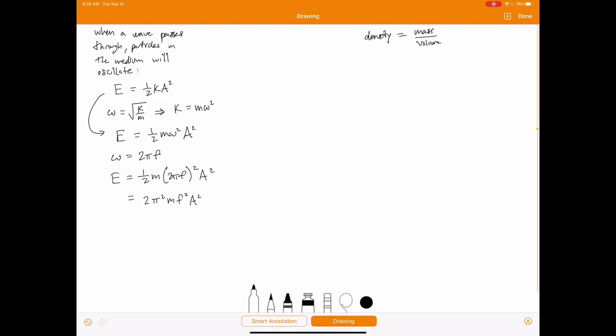So the way I'm going to write this symbolically is rho for density is m over v, mass over volume. So the mass is the density times the volume. But what is the volume we're actually talking about here?